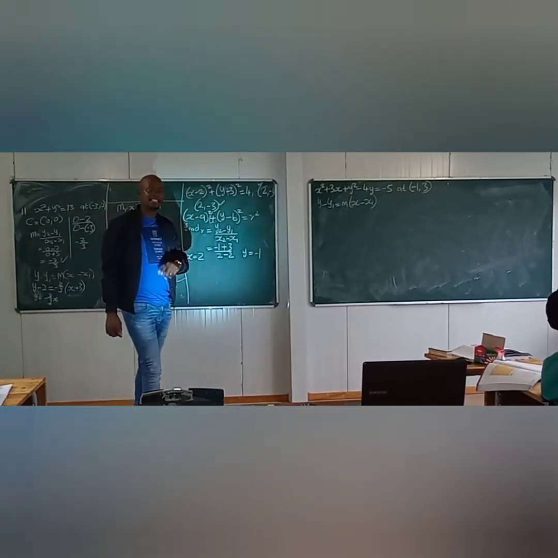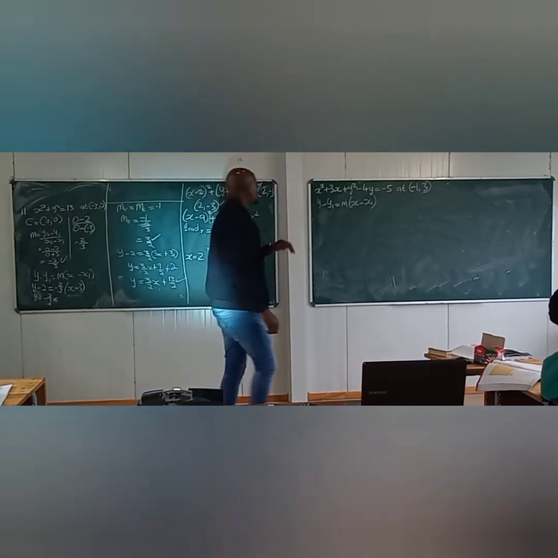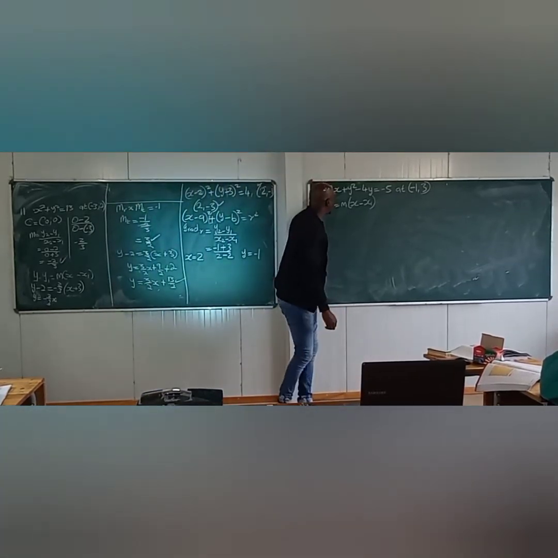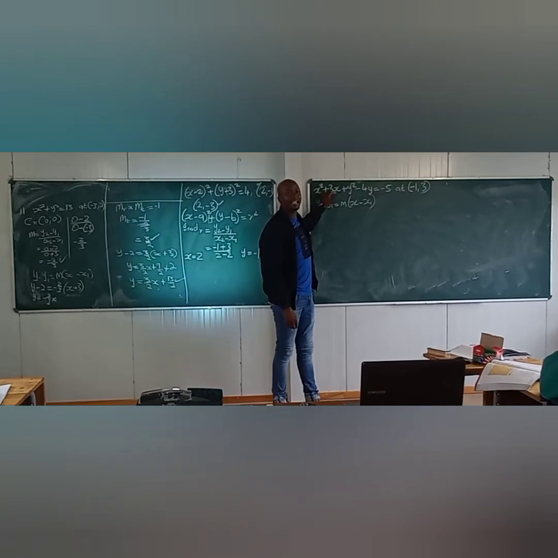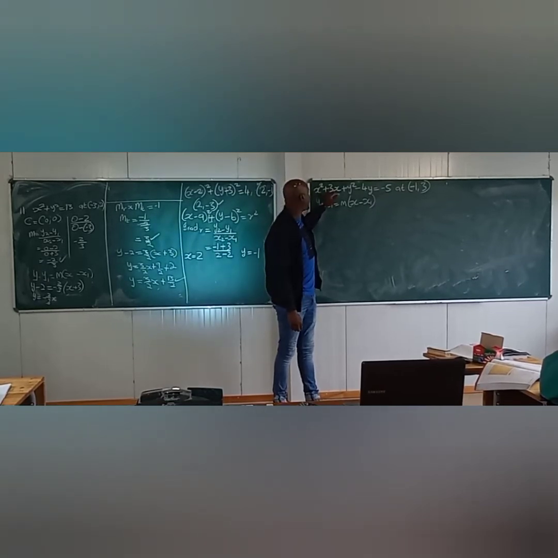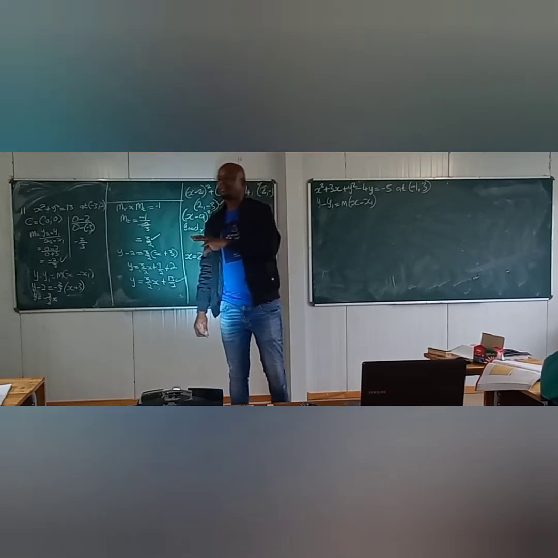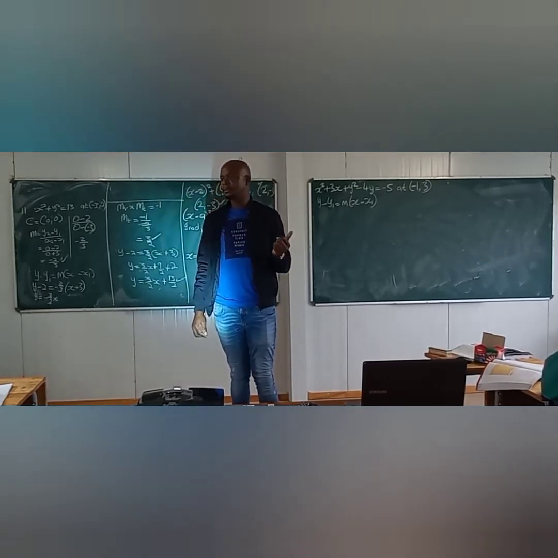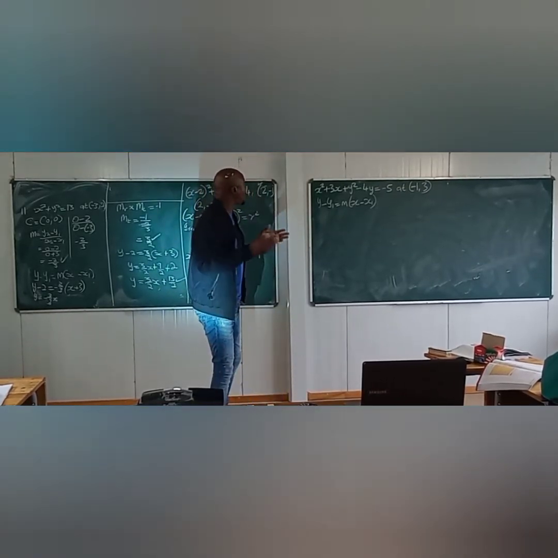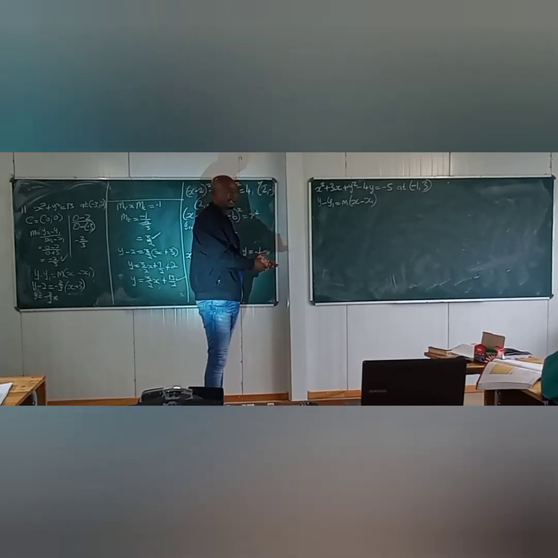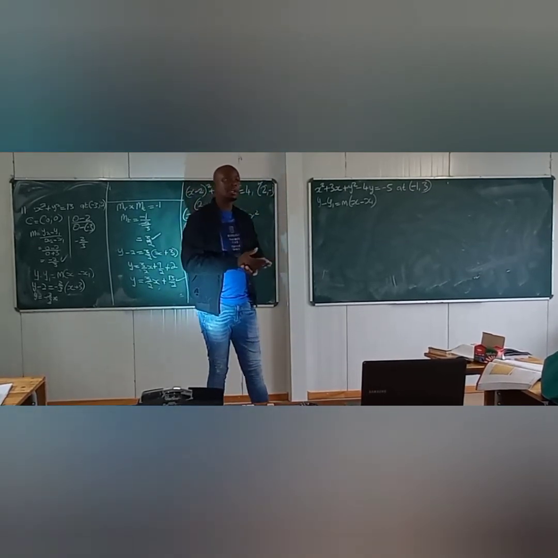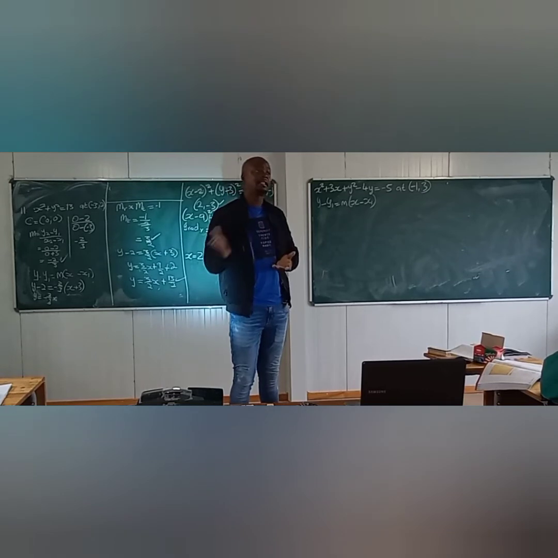Here we are given the general equation, not the standard form, so we must find the center. Like I said, completing the square is very, very important. They won't ask you to find the center, they just ask you the question, so if you don't know how to find the center, it's a problem.